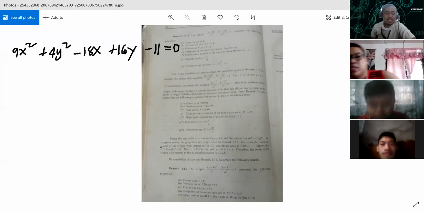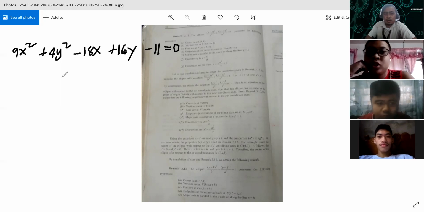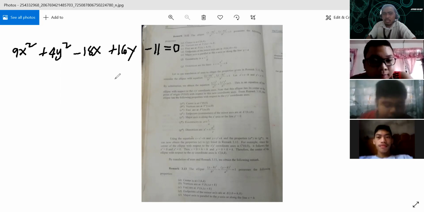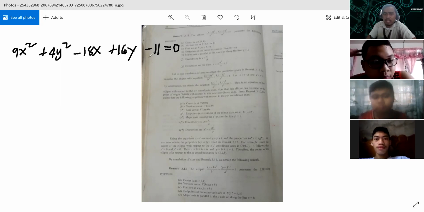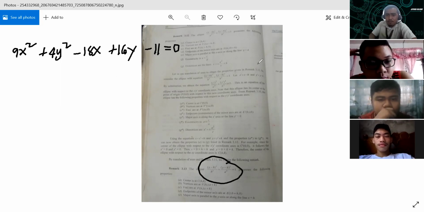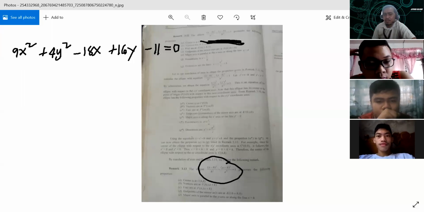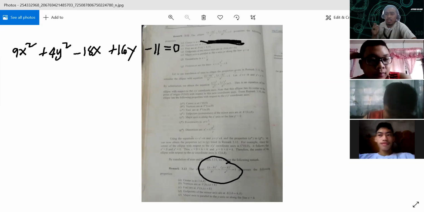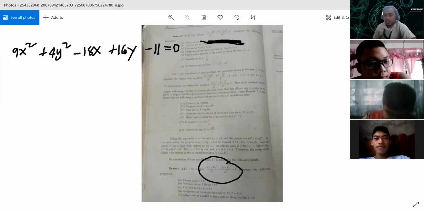Okay, let's continue. So here, what we're going to be doing is rewriting this in either of these two forms. So the very first thing that you will do is to combine those terms having x.